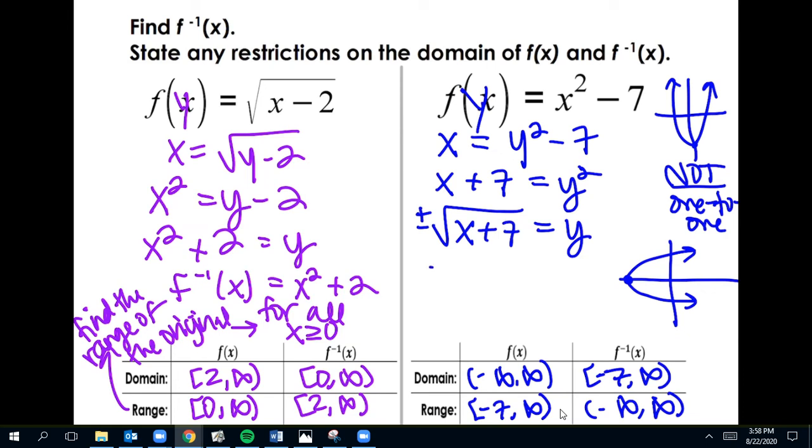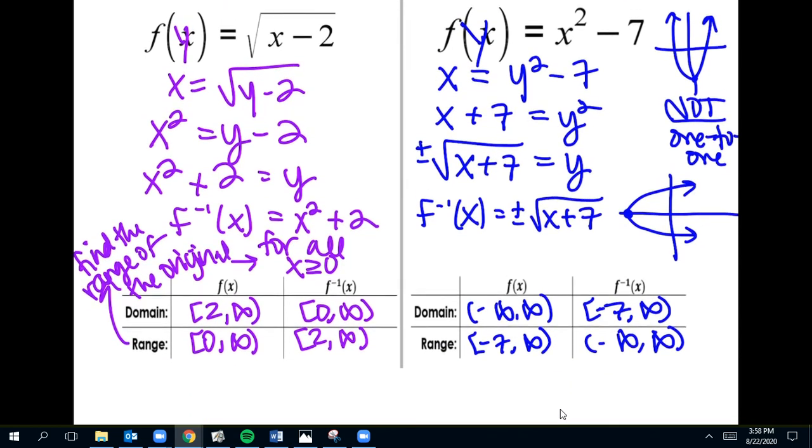And so I'll make it an official inverse equation, but it's not a function anymore. This is two functions combined. And so that's why the range is all real numbers. If you look at the graph, it matches the original, but the plus and the minus.